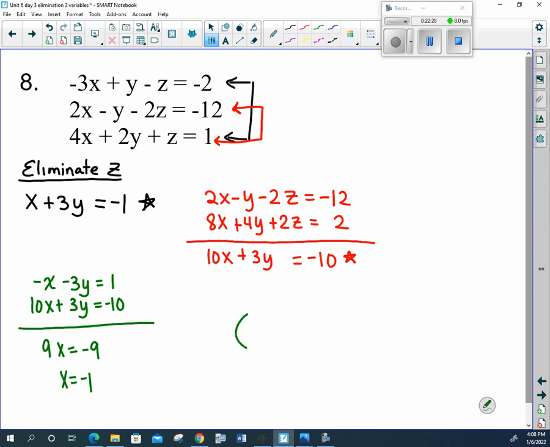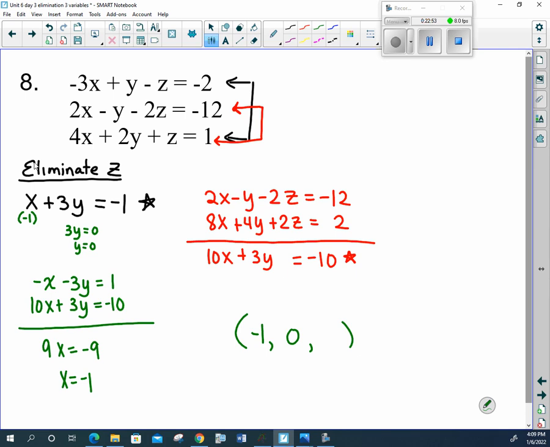Okay, so negative 1, comma. So I think I'll just put it back here. So negative 1 right here. If I add that to the other side, I'm going to get 0. So 3y equals 0, and 0 divided by 3 is still 0. So y is 0. And then I'm looking for z, so I think I'll put it in the bottom equation.